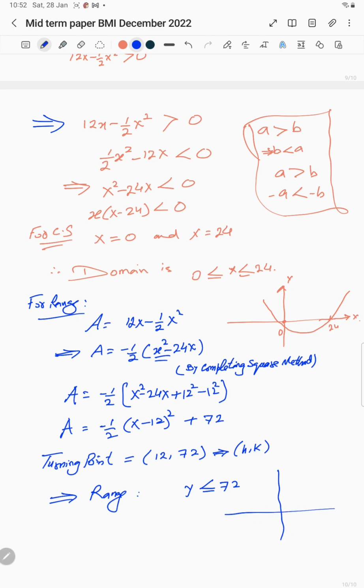Because here you have a negative in the function area, so it will be concave down, concave up, sorry, like this. The figure will be like this.